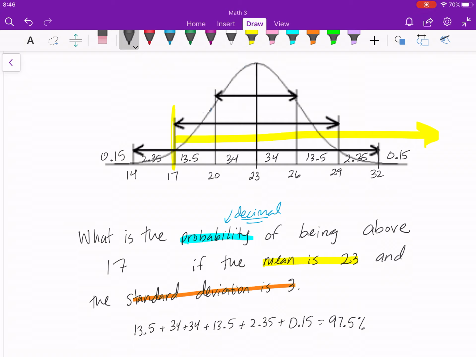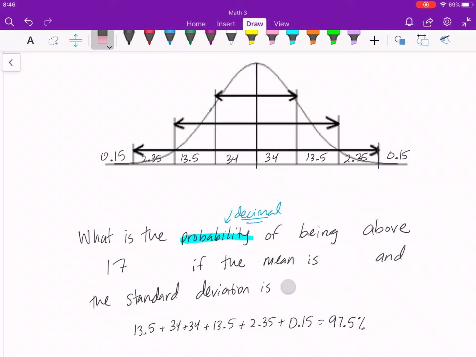All right, hopefully this is making sense. Let me mix it up just one more time and then we'll call it good. I'm going to mix it up by giving us different mean and standard deviation, which will change this problem as well. Let's do another between.